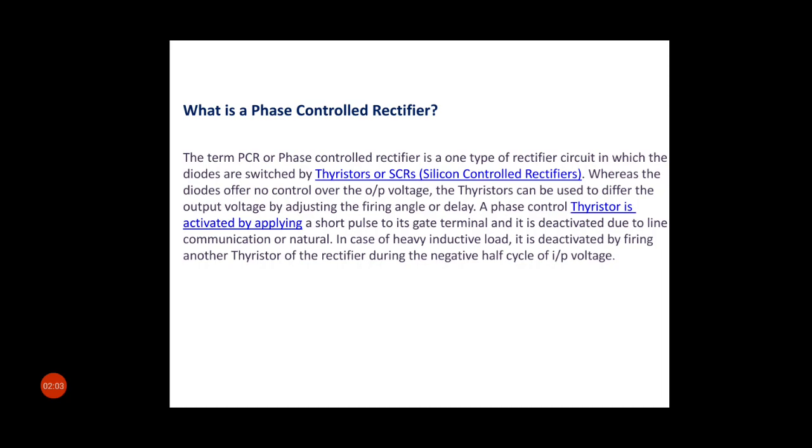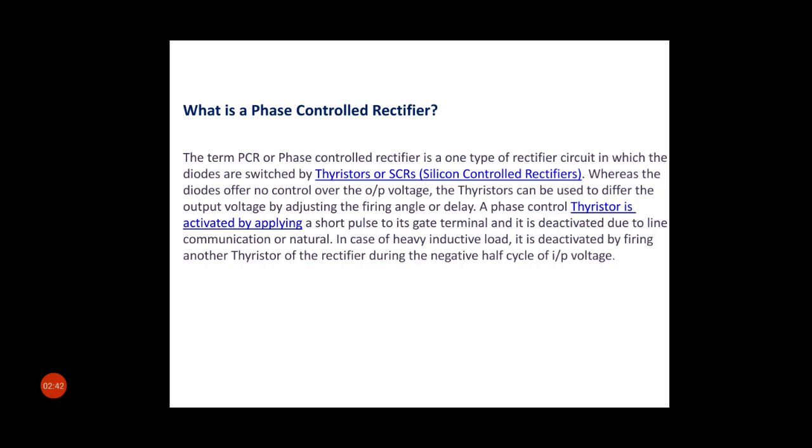So, what is rectification? Rectification is the process of converting AC voltage or current to DC voltage or current. Many industrial applications require controllable DC power. Unlike the diode rectifier, phase control rectifiers have the advantage of regulating the output voltage.